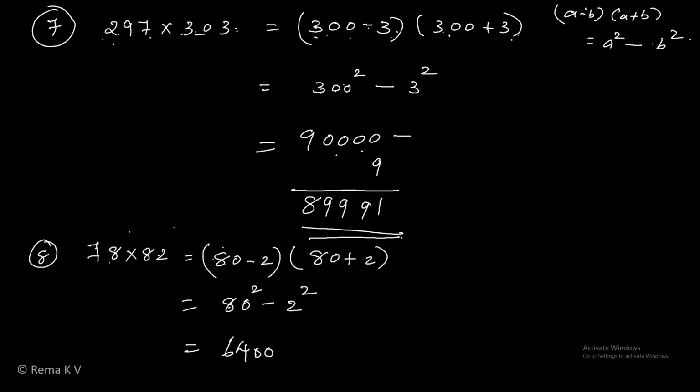It is 6400 minus 2 square is 4. Subtract it. So it is 6396.